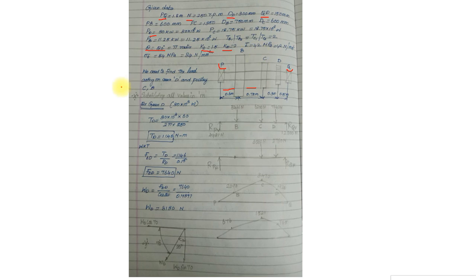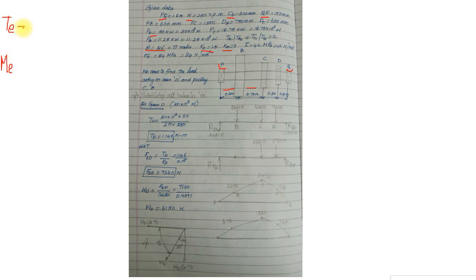If such a kind of problem is given, we already know that we are solving this problem under combined twisting and bending moment, so we will be going with TE value and ME value.